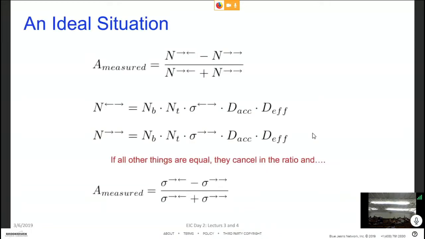All right. So the ideal situation is when the two, anti-parallel minus parallel divided by parallel, is given by the number of particles of the beam, NB, number of particles of the target, the actual cross-section, the detector acceptance, and the detector efficiency. And when you flip the spin, you get the same number, but with a different cross-section.